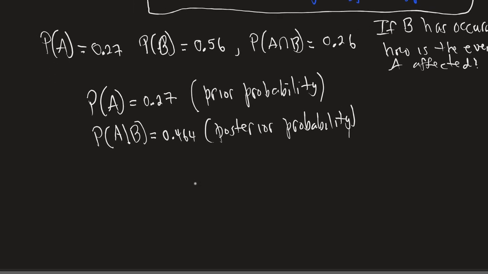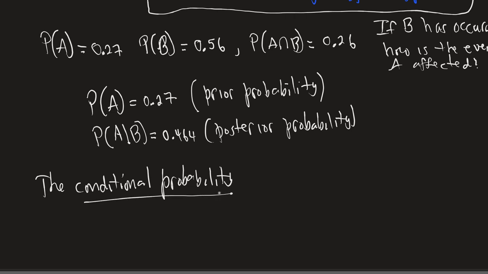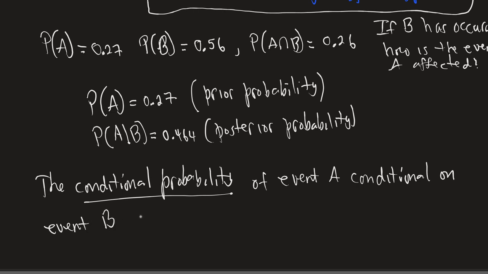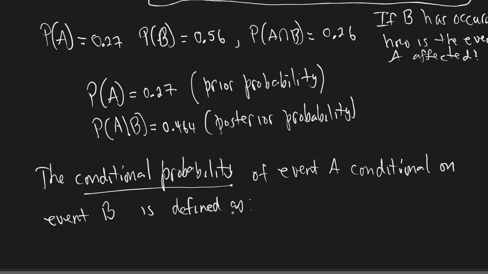All right, so the conditional probability of event A, and sometimes we say conditional on B, so on event B, is defined as, all right, so let's use our notation.